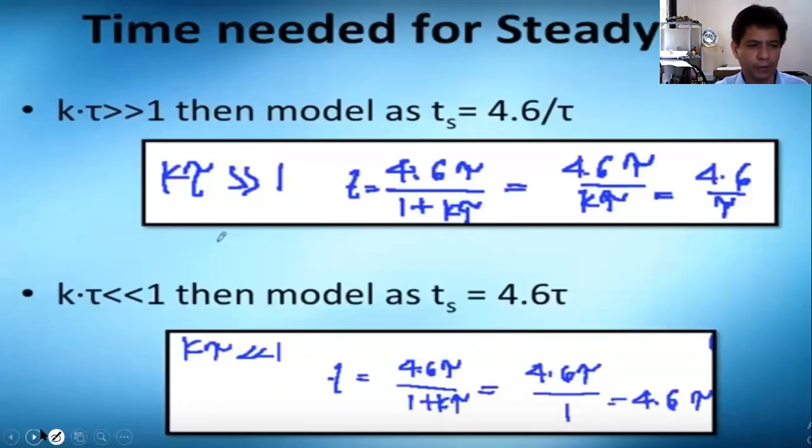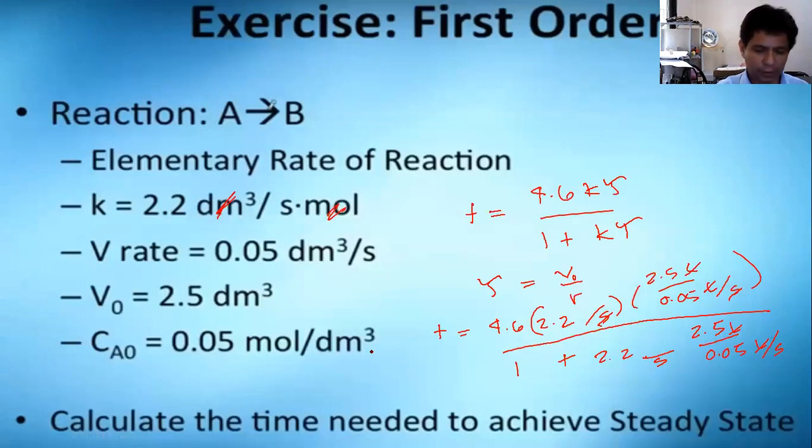Sorry, it's supposed to be 4.6 tau. That's why the unit would be seconds.